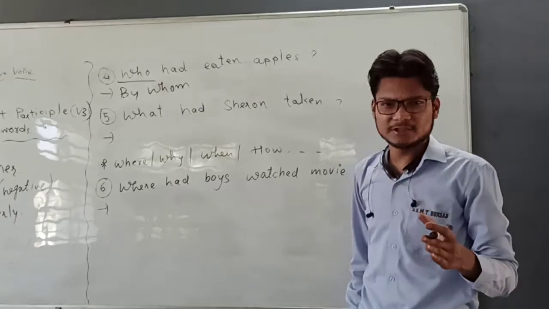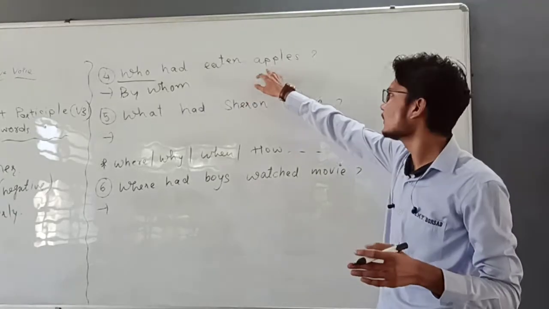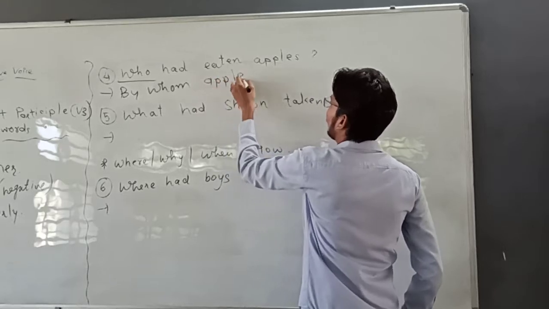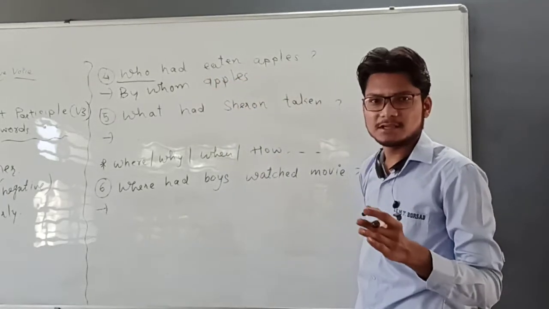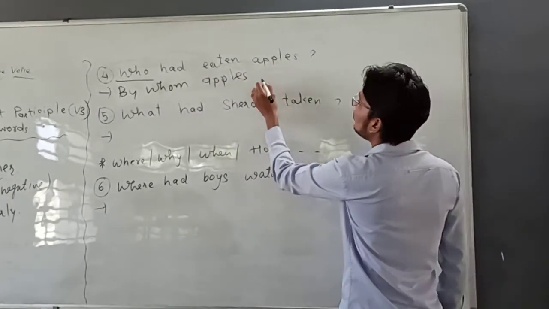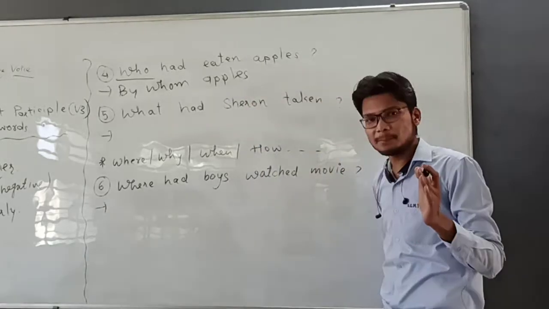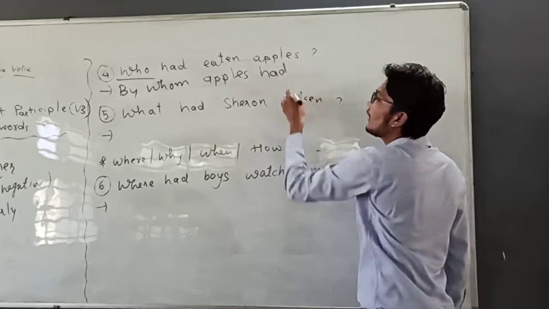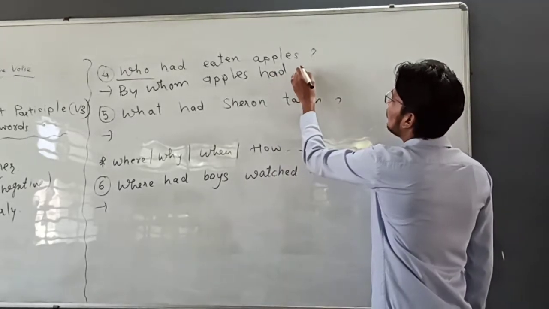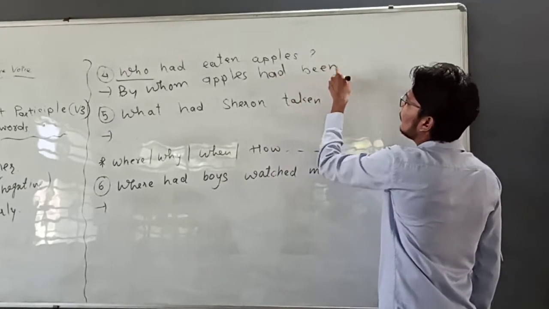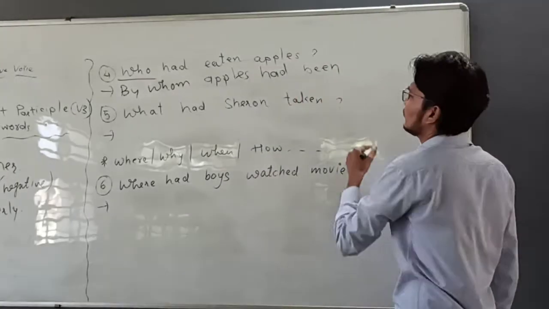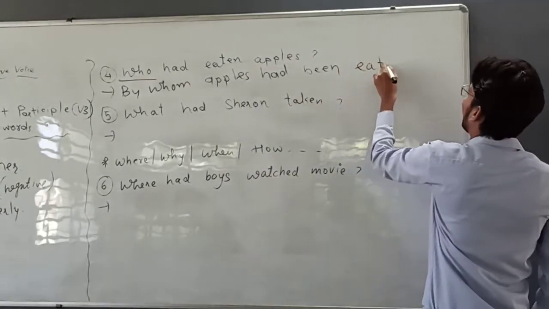Then find out your object. Your object is apples. After that, add "by whom apples". After that, you have to add "had been", by whom apples had been eaten.